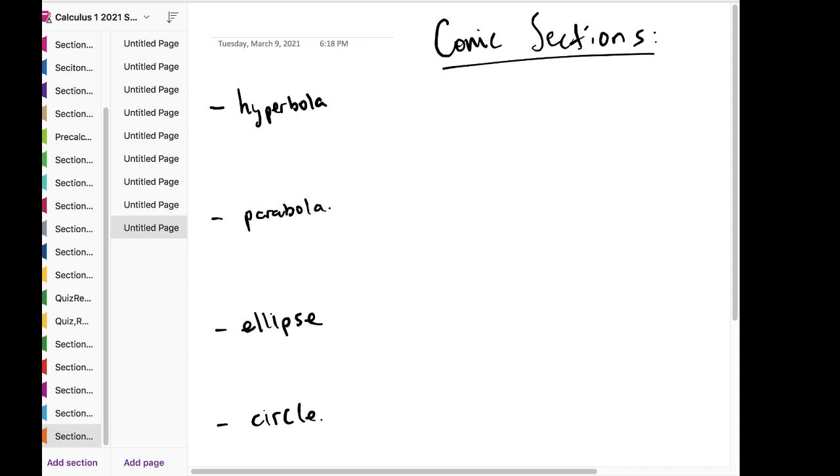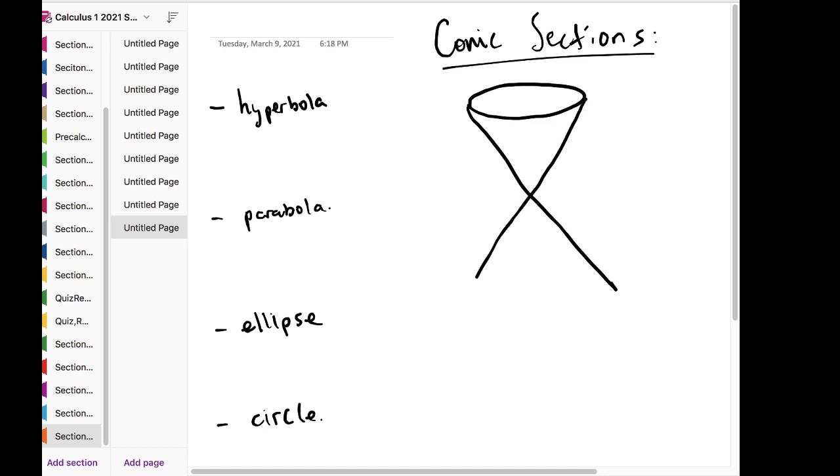Okay, do you know where that comes from? Why is it called conic? Well, conic comes from cone. There's a mathematician from ancient Greek times, Apollonius, and he wrote a big treatise on conic sections. They're called conic sections because they're curves gotten by cutting a cone.